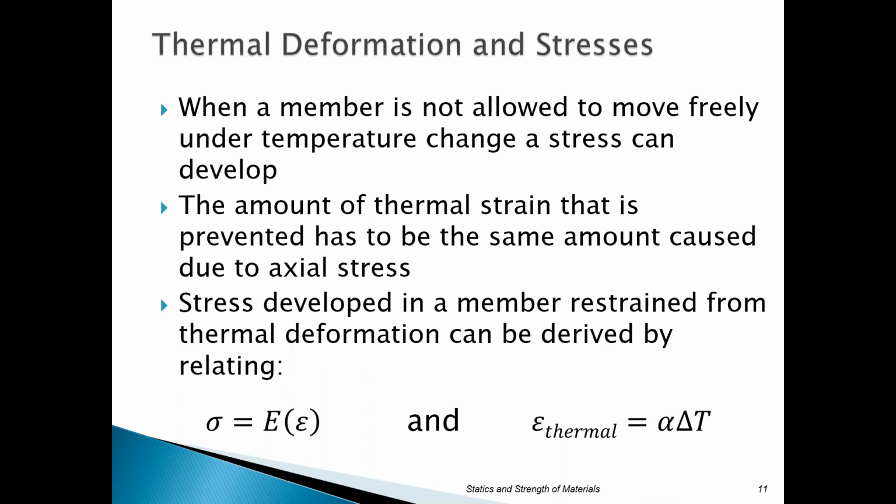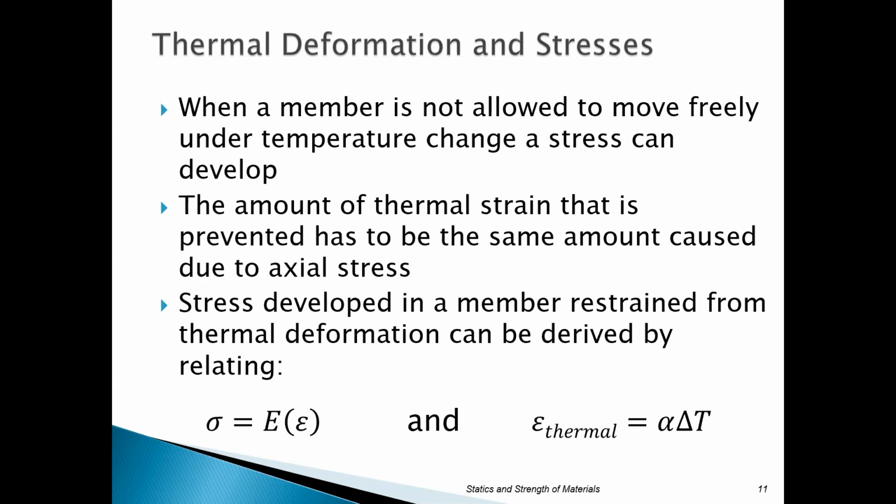If that bar heats up, it's going to want to expand into the two walls, but the walls are going to push back and not let it. So this will develop a thermal stress. That amount of thermal strain is there. It wants to expand, that's your thermal strain, or it wants to deform, but something is causing that not to happen, and that generates that axial stress.